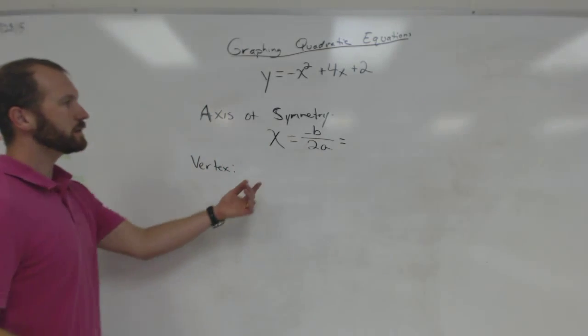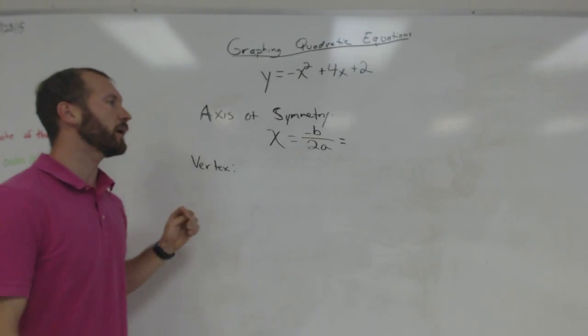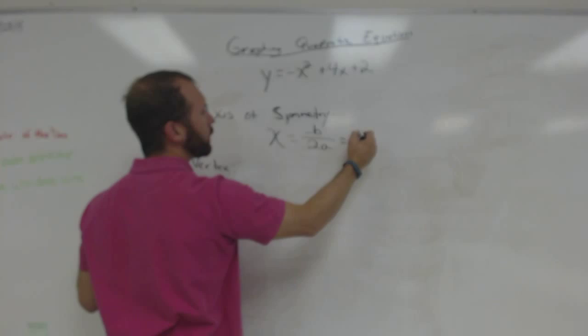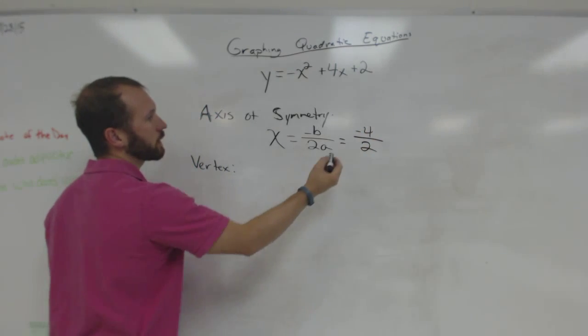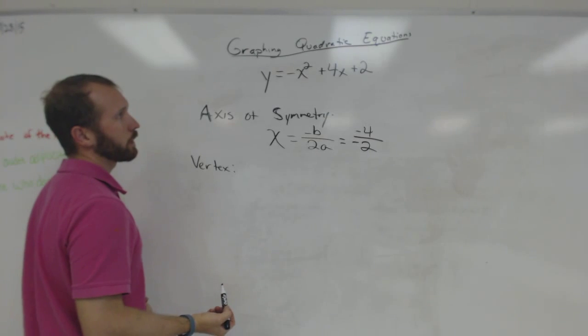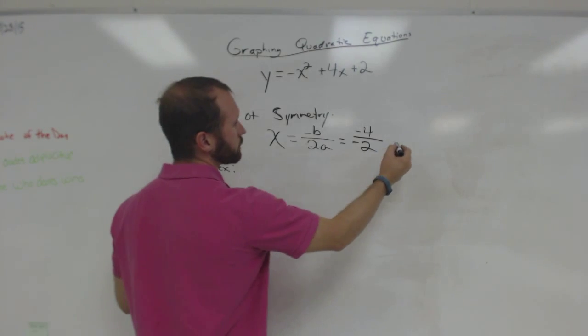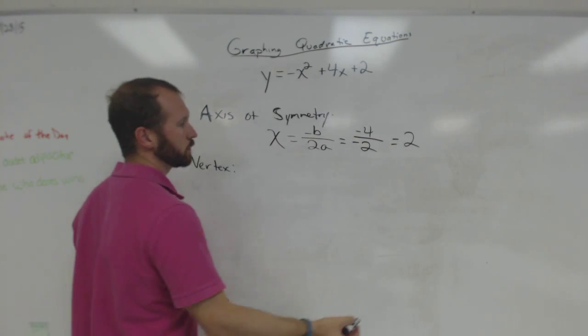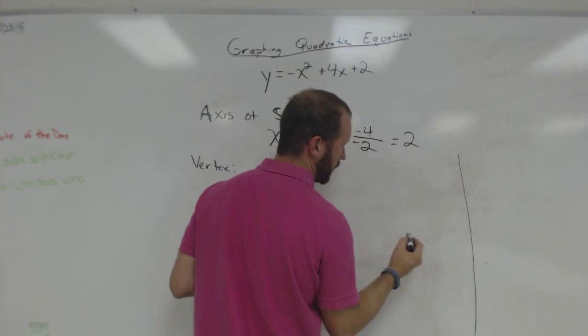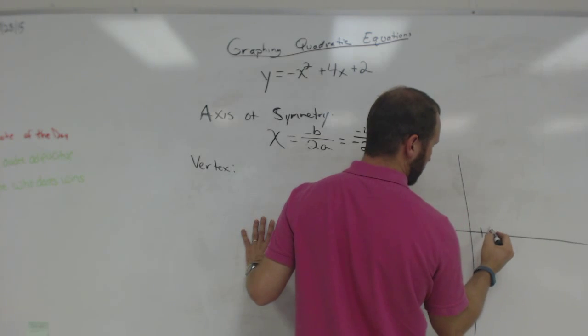Axis of symmetry, still the same equation, negative b over 2a. In this case, b is 4, so we have negative 4 over negative 2, because a is negative 1. Our axis of symmetry is x equals 2. 1, 2.